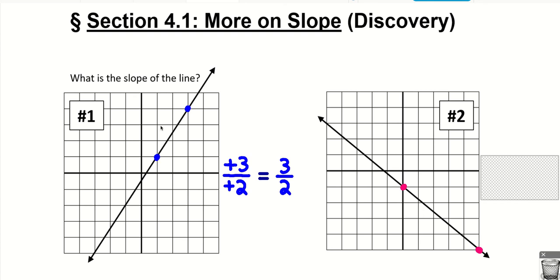That was up 3 and then right 2. And then for number 2, hopefully you ended up getting negative 4/5 for the slope. That's down 4 and then right 5. Okay, so negative 4 over a positive 5. Not too much to discover there.